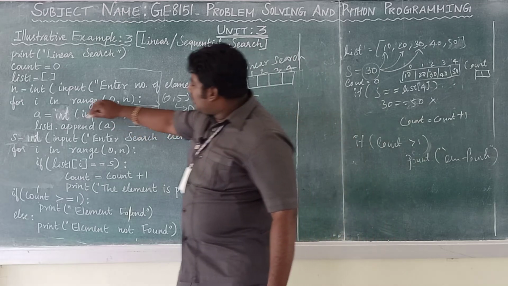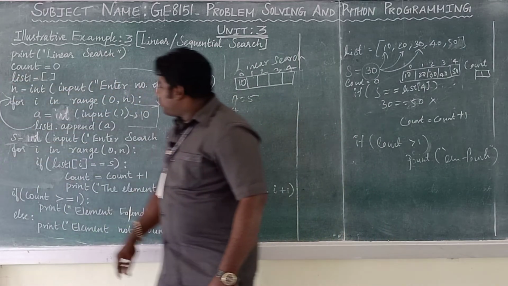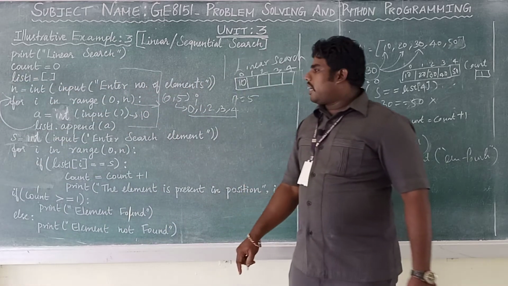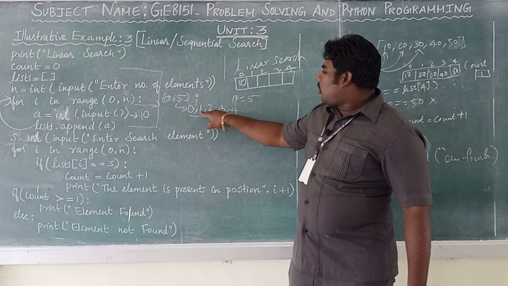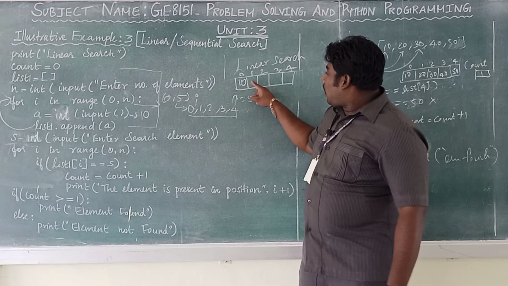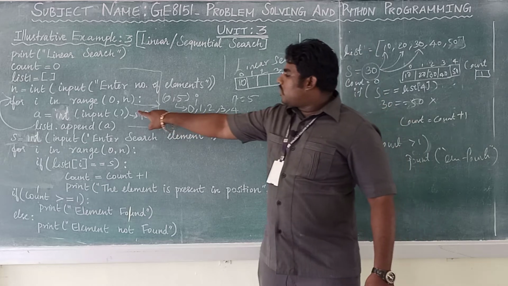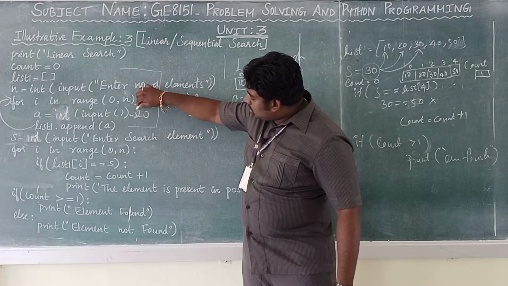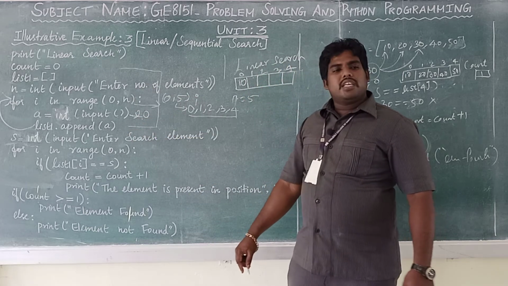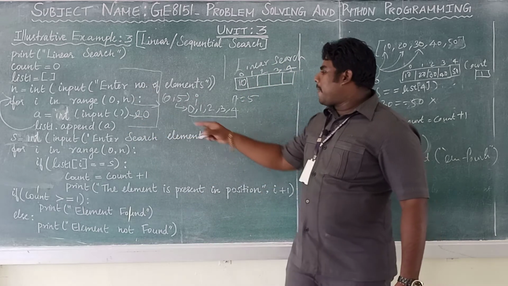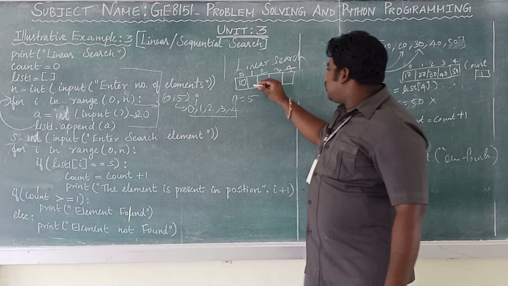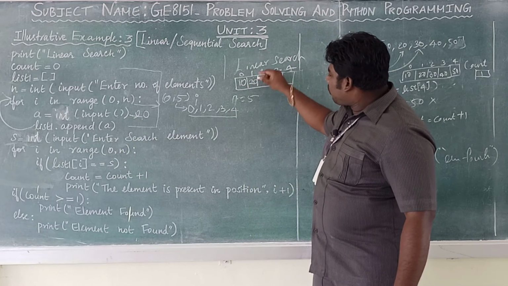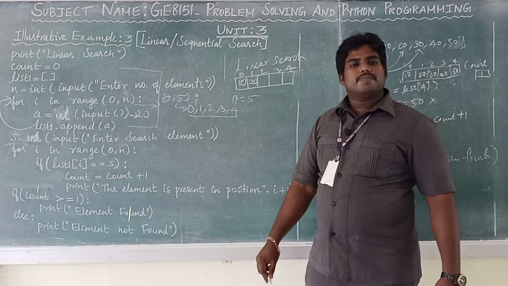After completing this, again the for loop will be repeated. Now what's the I value? Now the I value is 1. For this position, you are going to get an input. A equal to int input of. So now the A value is 20. So you are appending the A value again in the list. So here 20 will be added.